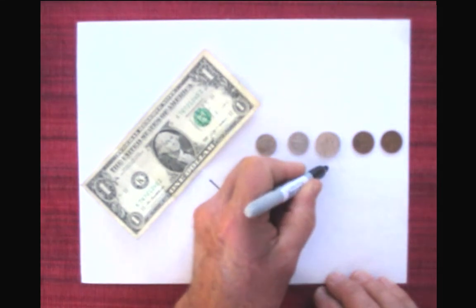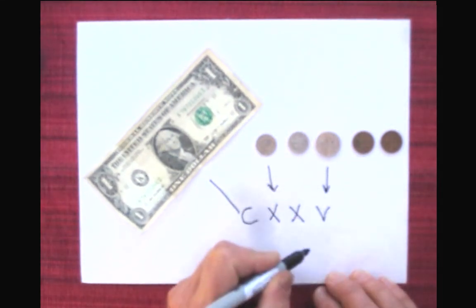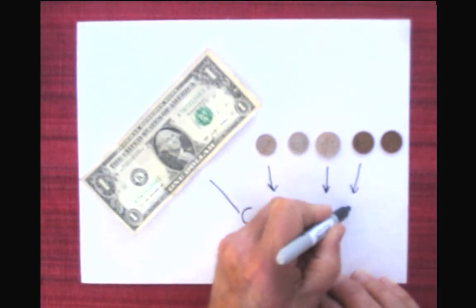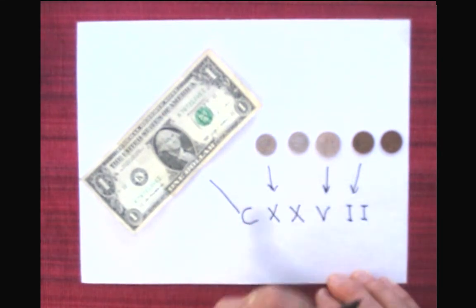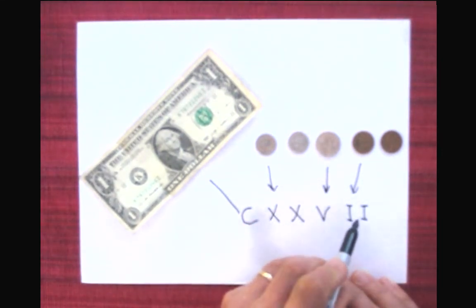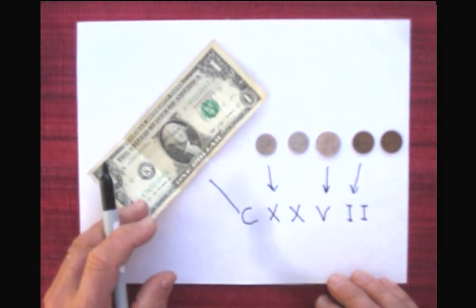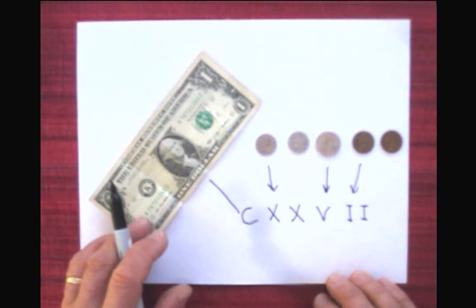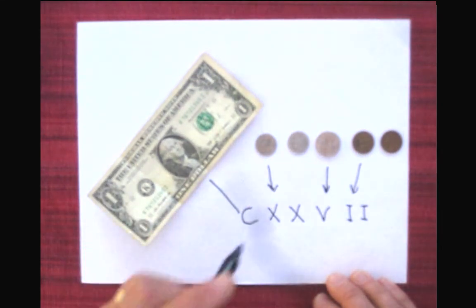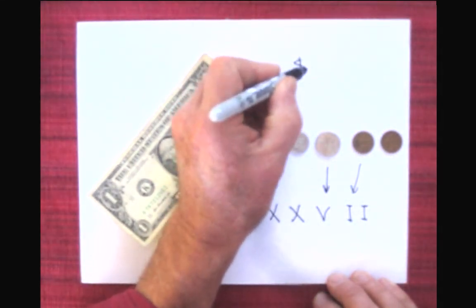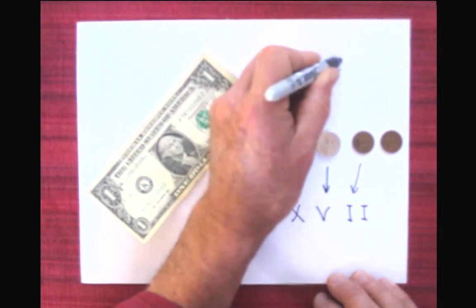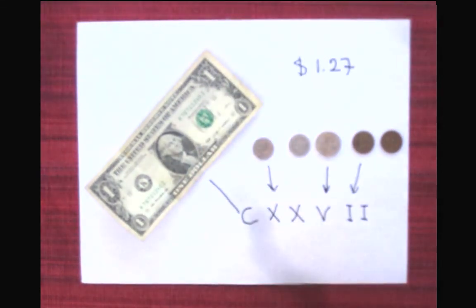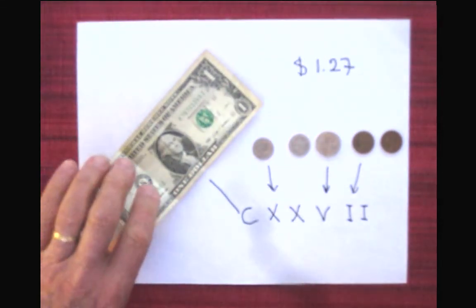A nickel is V, and a penny is I. 127. $1.27. So what do you think? Is our money system more like Roman numerals, or is it more like Arabic numerals, the way we normally write something? $1.27. What do you think?